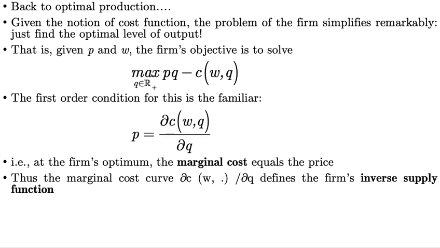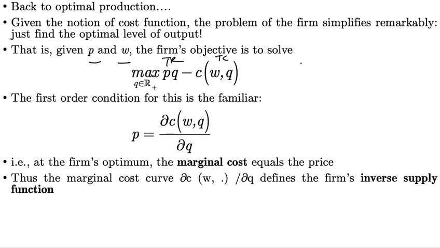Okay, so for instance, let's go back to the profit function here. Given P and W in the market, if we have a firm, the firm's objective is to solve the profit maximization problem. Because this is total revenue, this is total cost, the whole thing here is what we call a profit function, isn't it?